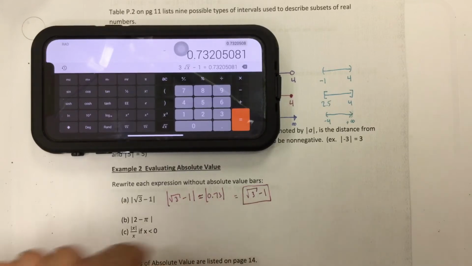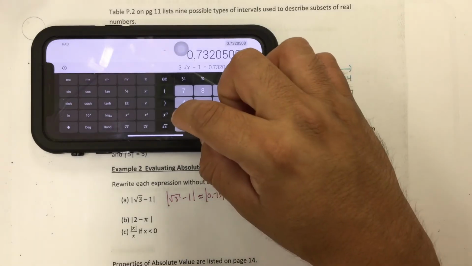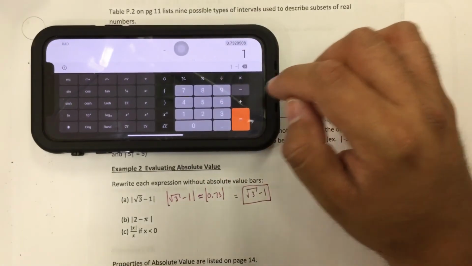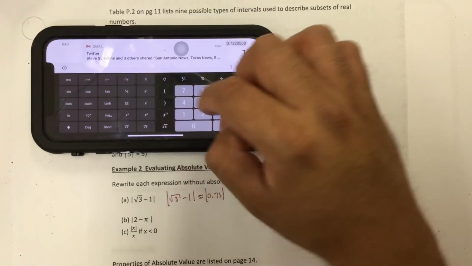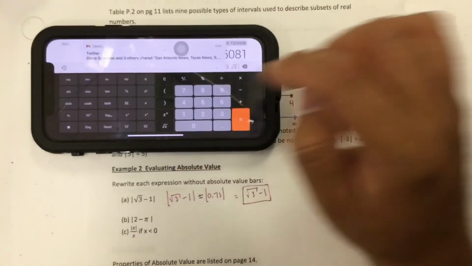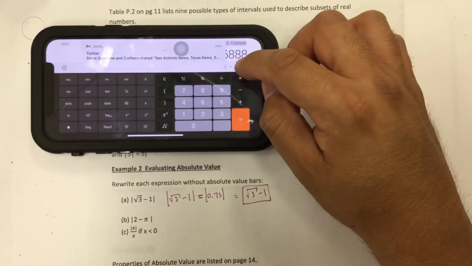So why don't I write it the other way? If I wrote it as 1 minus the square root of 3, that would actually give me a negative number. Let me show you.